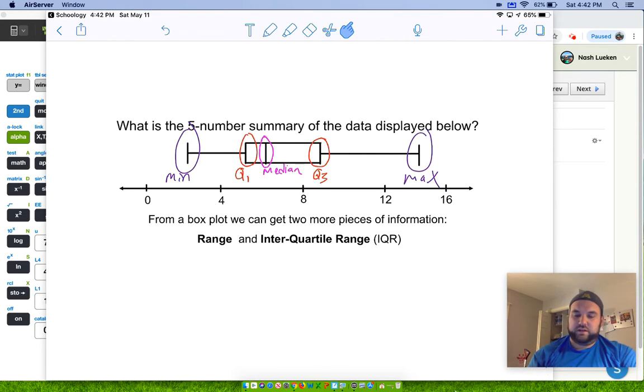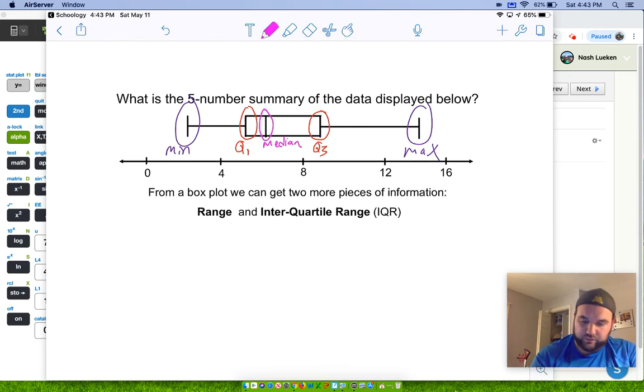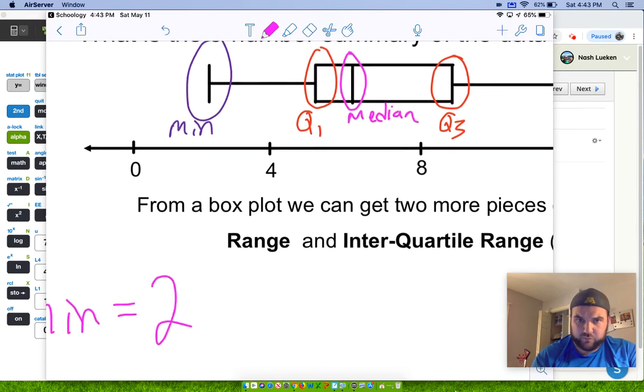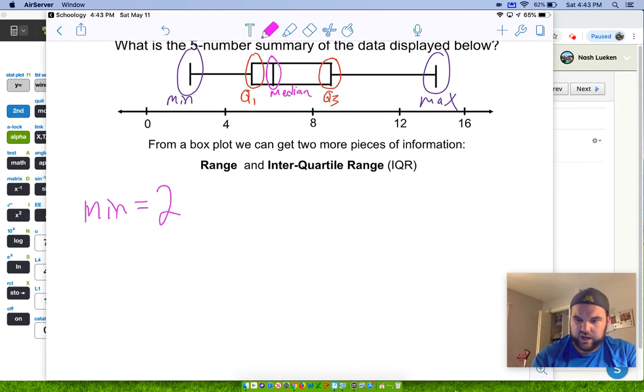So if I were to look at this, I could reasonably say that it looks like the minimum is 2, somewhere in between 0 and 4 there, looks like at 2. The maximum is 14. Just to keep this in order, we're going to move this down.